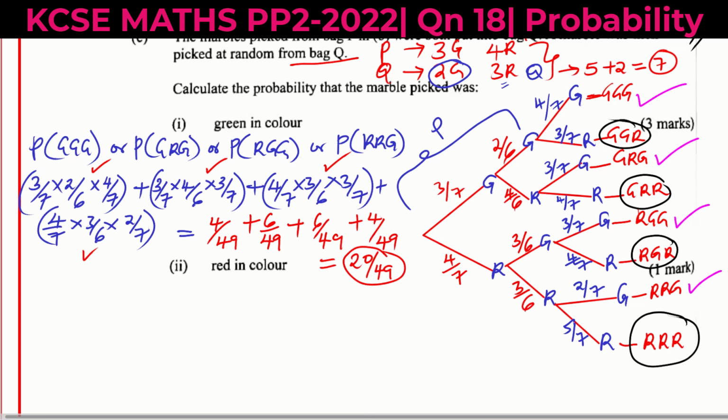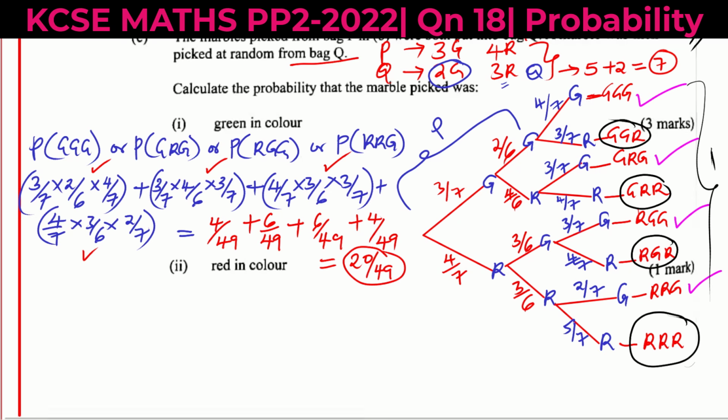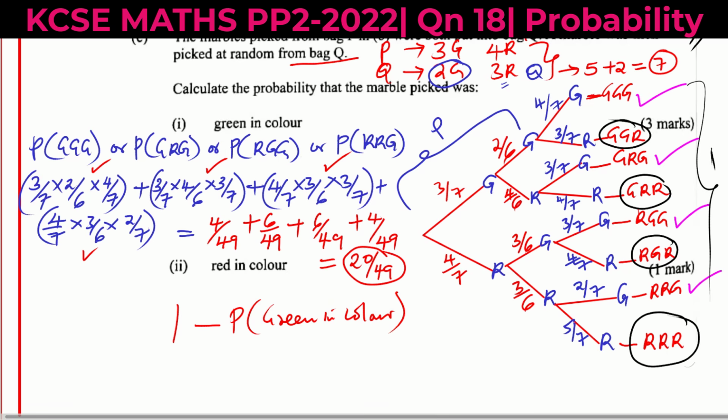So since we know the total outcomes, if you add all these probabilities, green, green, green, green, green, red, you add all these, the sum should give 1. The sum of the probability should be 1. All of them. Then if you subtract the probability that the marble picked was green in color, you shall remain with the probability that the marble picked was red in color.